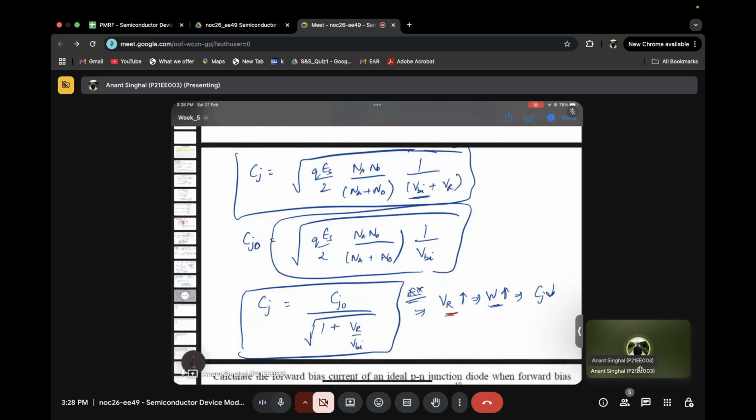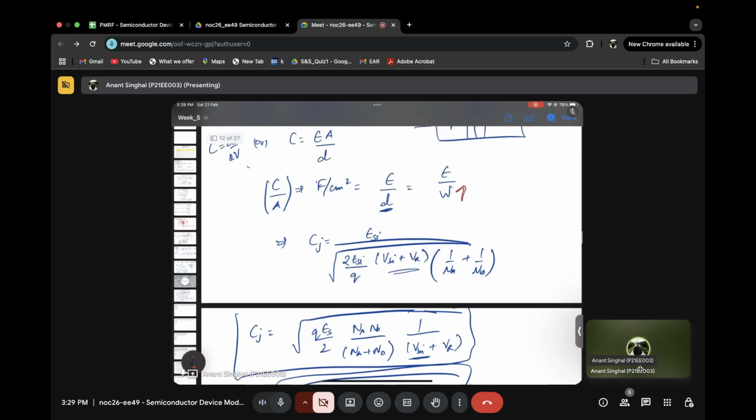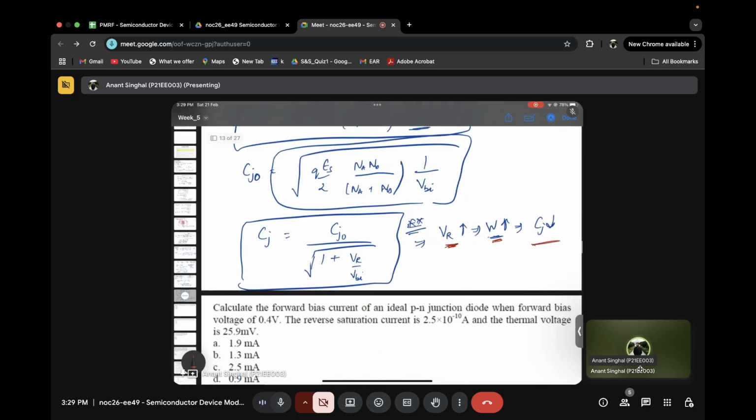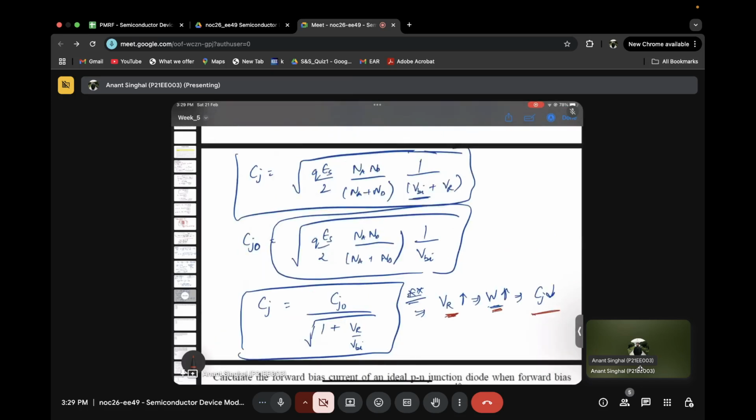So here what I was saying is, if I apply more reverse bias, we are having more width. I also explained through the diagram. And more width means, if I see this formula, if I increase this denominator, your capacitance will decrease, right? So the junction capacitance will decrease. If you increase VR, your width will increase, right?